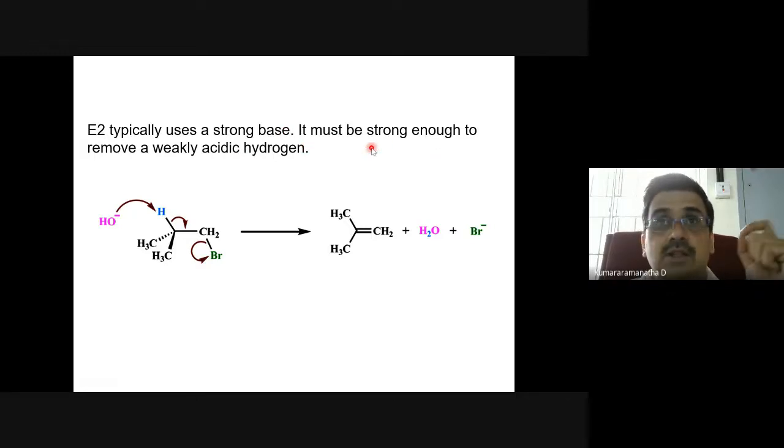Because the strong base should remove a weakly acidic hydrogen. Generally, the beta hydrogens are slightly acidic in nature. In order to remove that, the base should bind so that this hydrogen is gone along with bromine. So the corresponding compound is given like this, with double bonds along with the substituents.